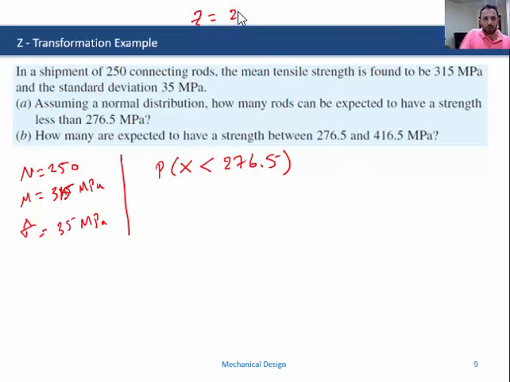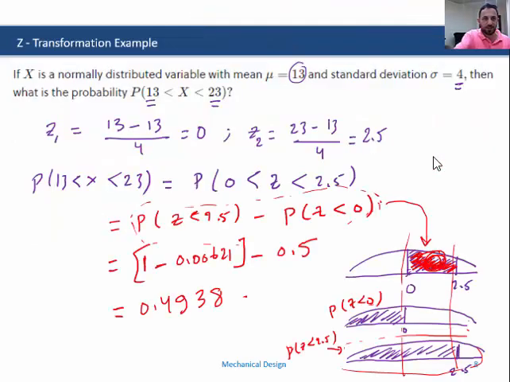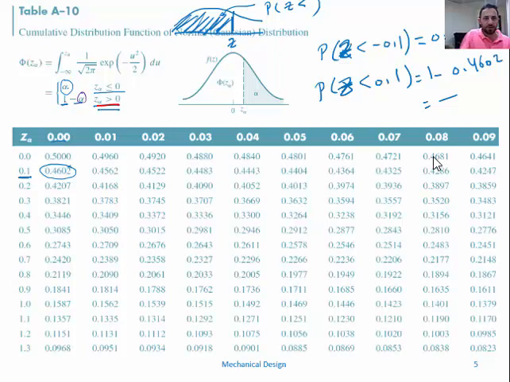Z is equal to 276.5 minus 315 over 35, which is equal to minus 1.1. So this is the probability of Z less than minus 1.1. We notice that Z is negative, and if it is negative, we choose the value exactly as it is in the table. For 1.1, it is 0.1357.